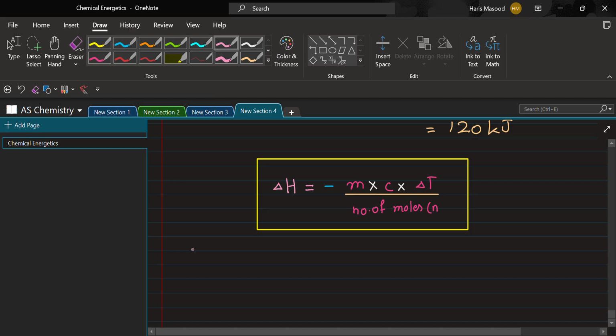I'll just write one more heading here: some more standard enthalpy changes.